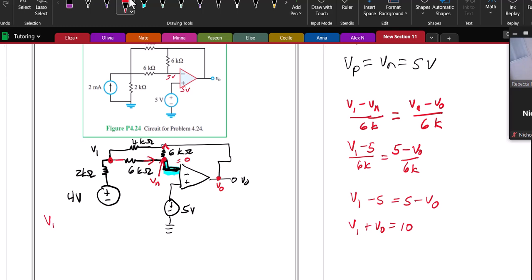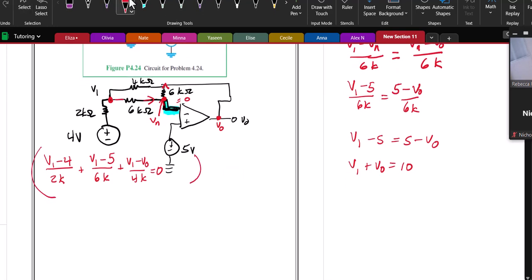So V1 minus 4 over 2K plus V1 minus VN, which is 5, over 6K, plus V1 minus V out over 4K has to equal 0.